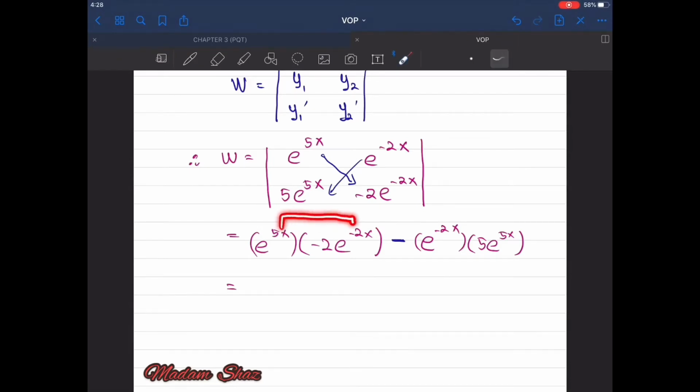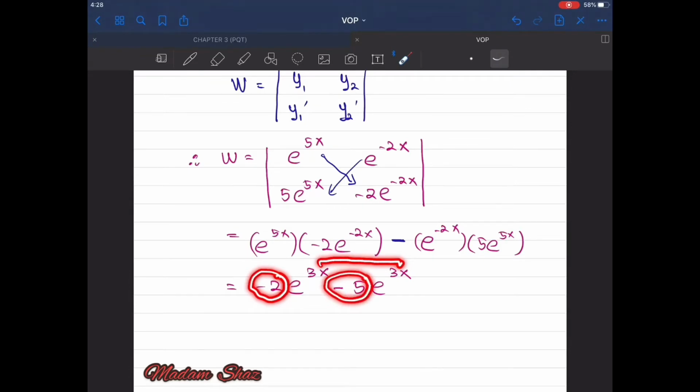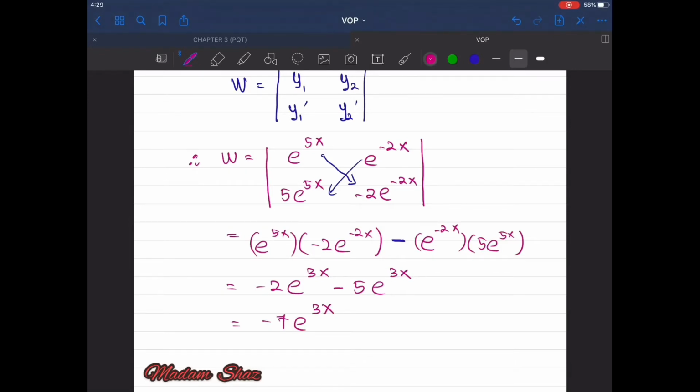So exponent 5x with exponent negative 2x will become negative 2 exponent 3x minus 5 exponent negative 2x exponent 5x, which is 5 exponent 3x. Here you have the same power of the exponent, so we can simplify the numbers. Negative 2 minus 5 will become negative 7 exponent 3x. So this is the value for our w.